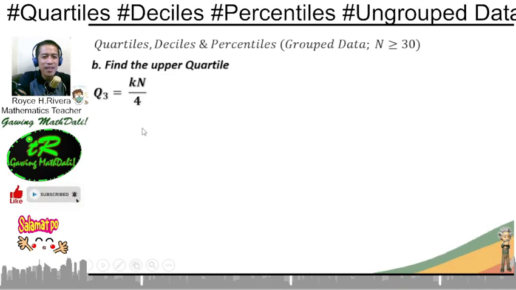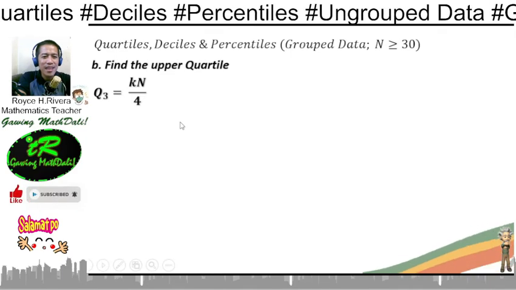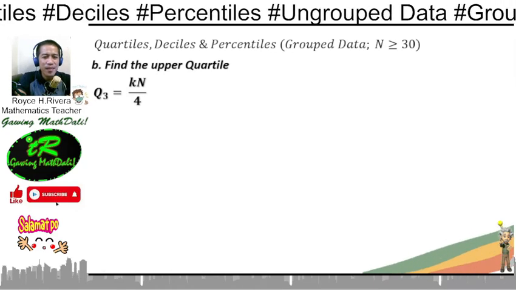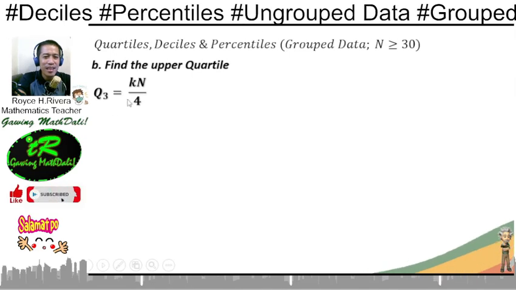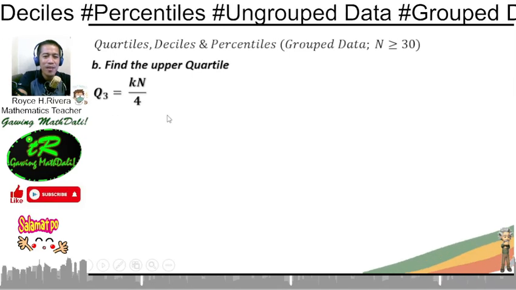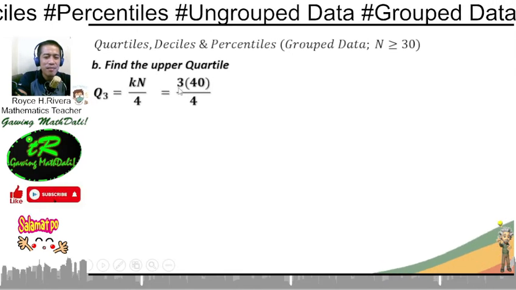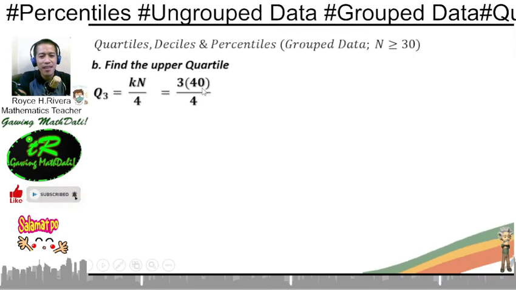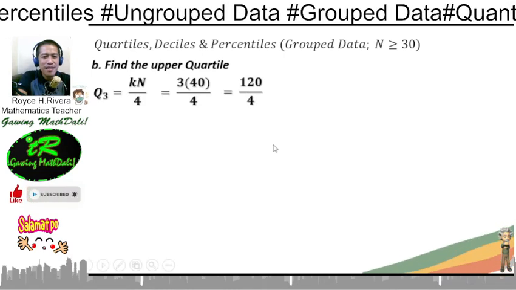Hanapin muna natin ang position ng quartile 3 data. The formula, quartile 3 is equal to K times N all over 4. And by substitution, we have K is 3 and N is 40. The product is 120 over 4.